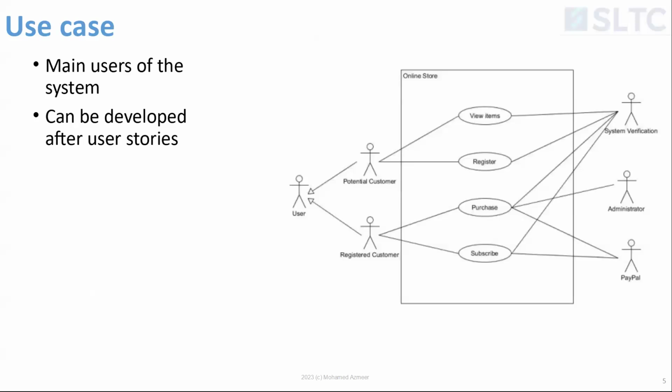You write down that sentence on a card. Or there can be another one. As a registered customer, I want to purchase products. That can be another requirement. It's called a user story. So these are the things coming in. And the ellipses you see are called the features. Now, these are the features we are going to develop in our system.